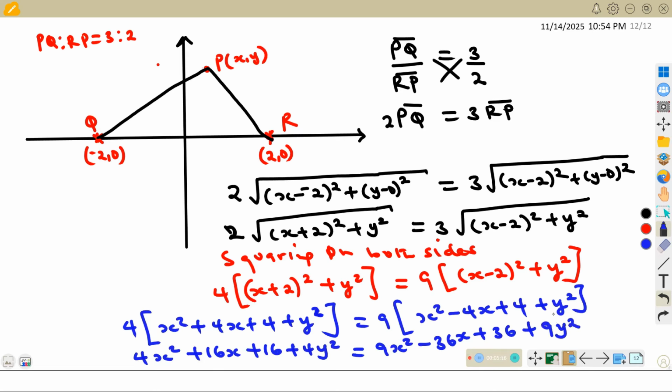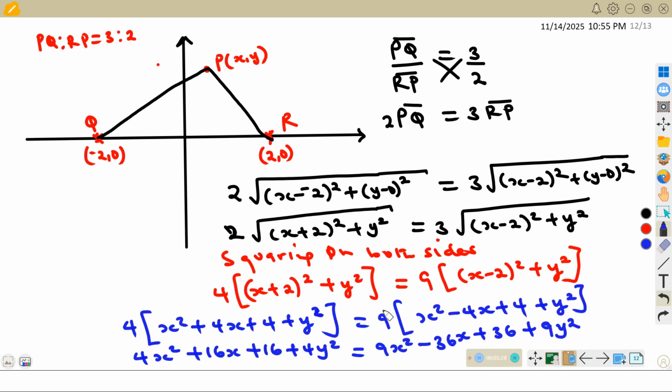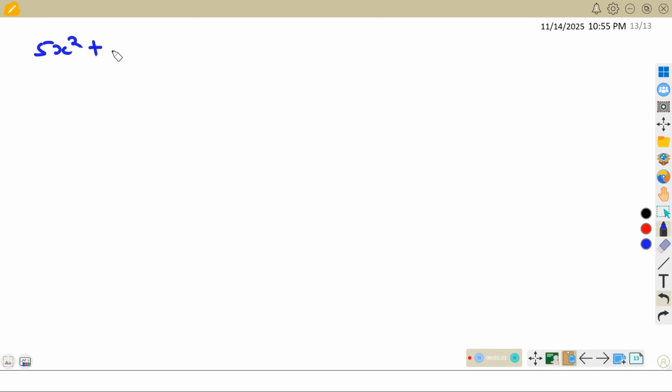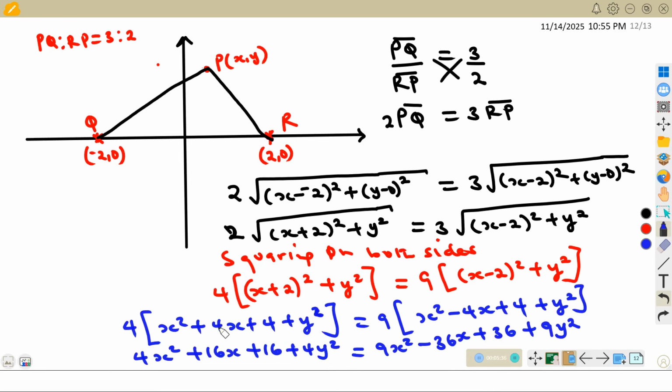So from here we shall try to simplify this further. We take everything to the other side, so 9 minus 4 will give us 5x squared plus, so 4y squared taken to the other side, 5y squared as well. So next, when we take x to the other side, that is minus 52x, 36 minus 16 is minus 52x.